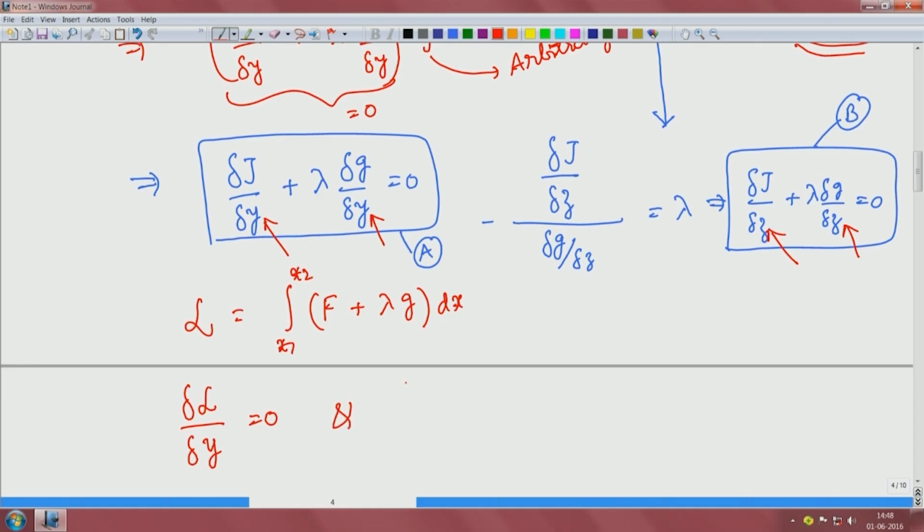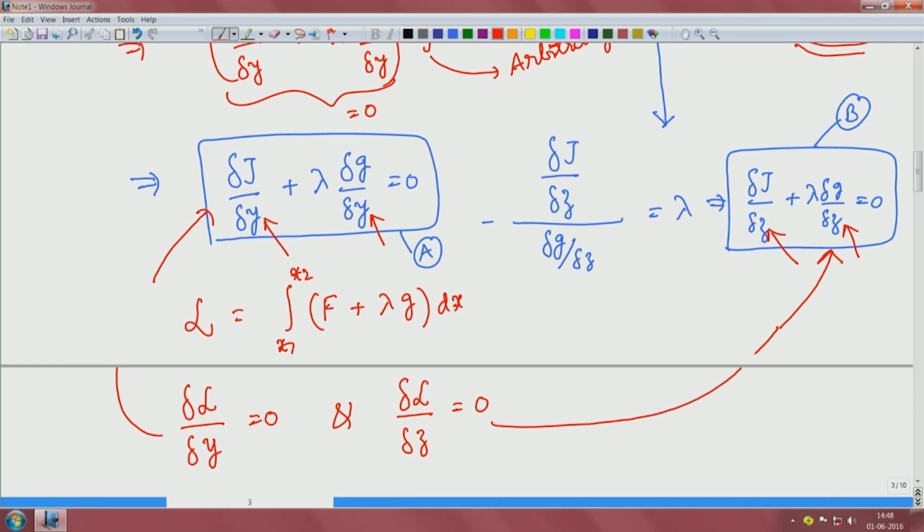Then I get the variational derivative with respect to z equal to 0, or all Lagrange equations. If you do that, this gives us that equation, and this gives us this equation. So, we have both of these equations coming if we write this Lagrangian. This way we can deal with local or function type constraint.